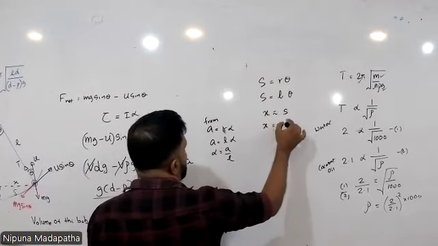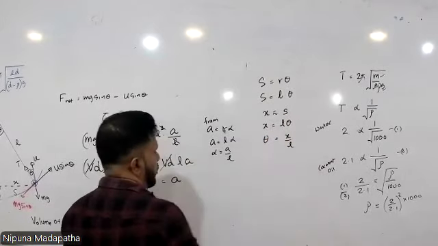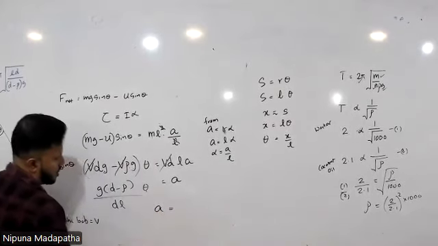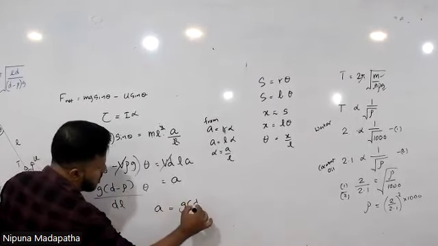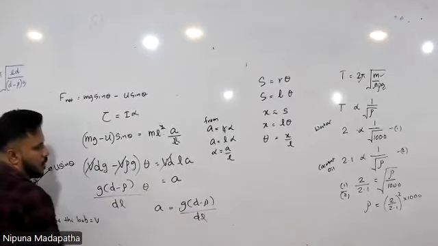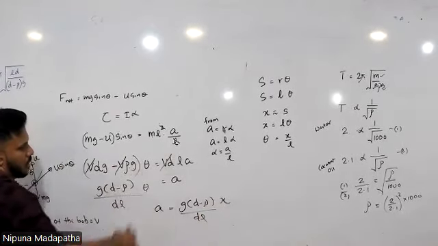So x equals L theta, and theta equals x over L. So a equals g times D minus rho over D L, times x over L.